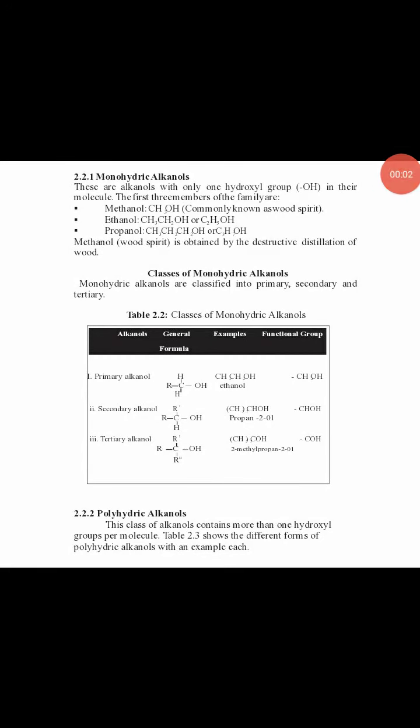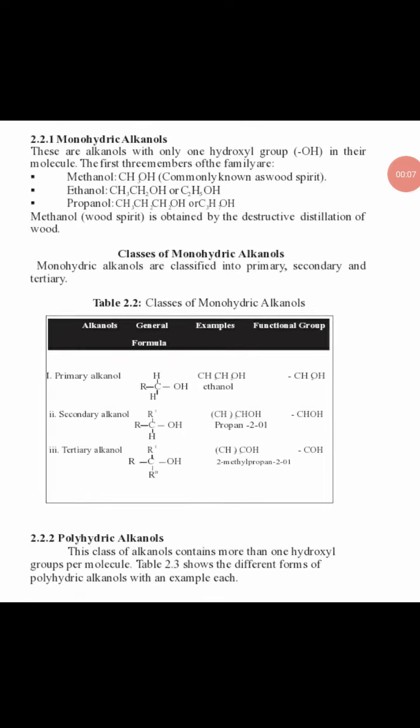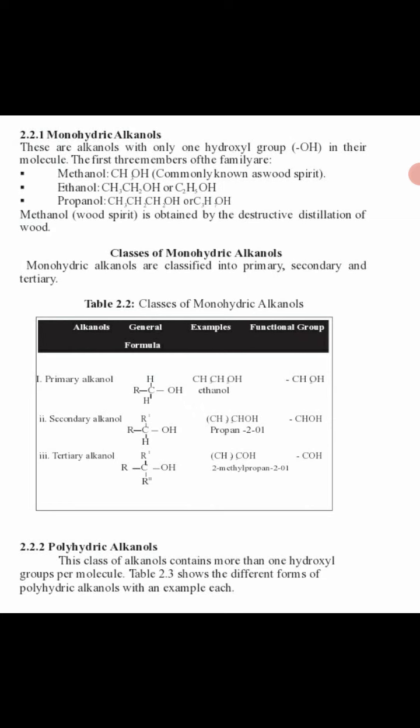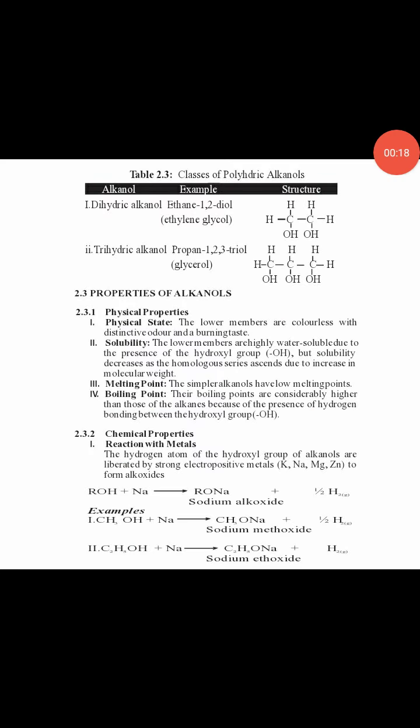Okay, now for polyhydric alkanol, like I explained earlier on, they are alkanols that contain more than one OH group, more than one hydroxyl group. Consider the table below and see examples. From the table below, you can see the alkanol example and the structure.